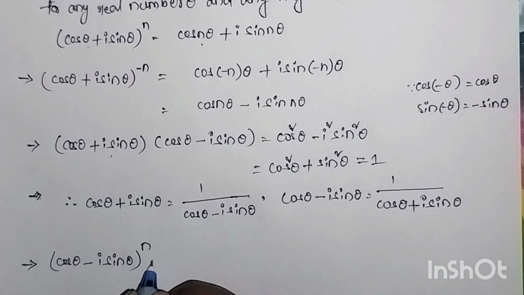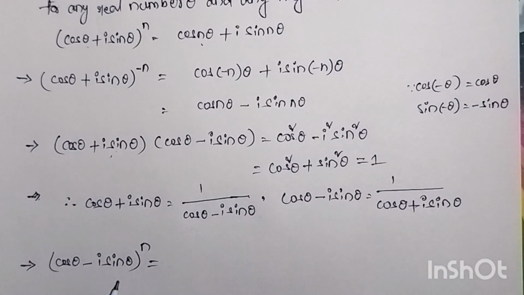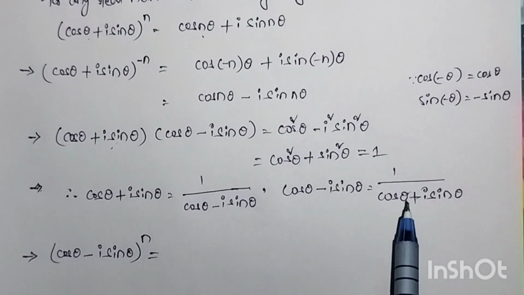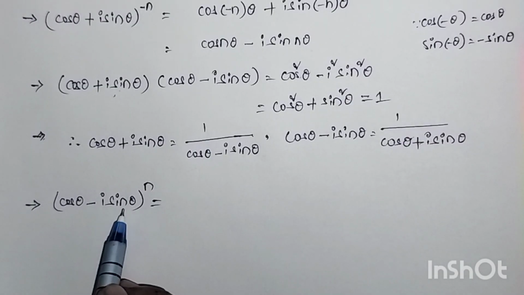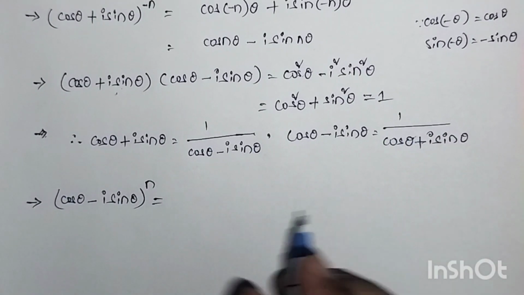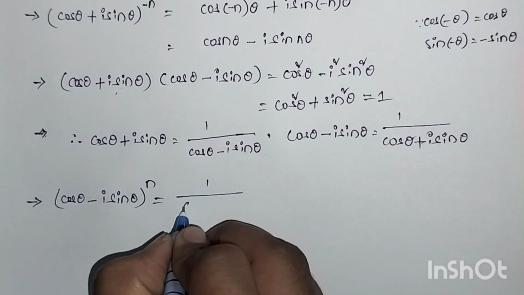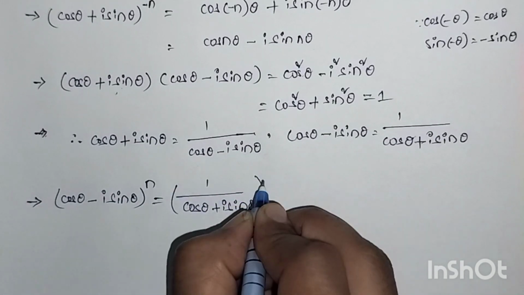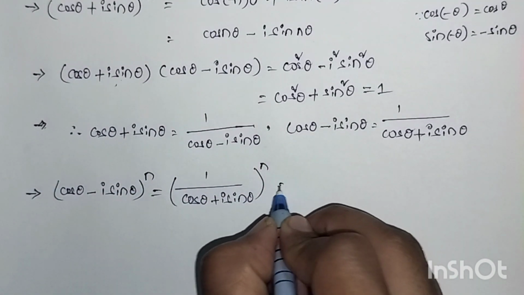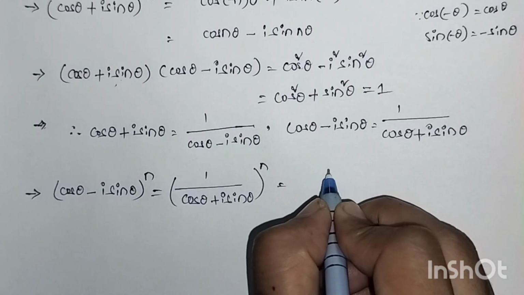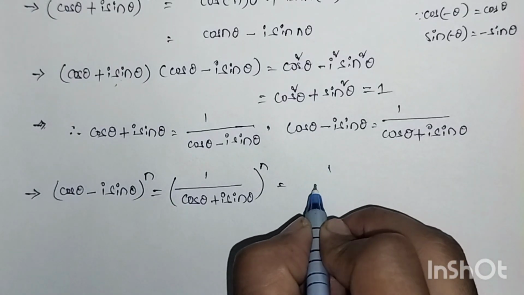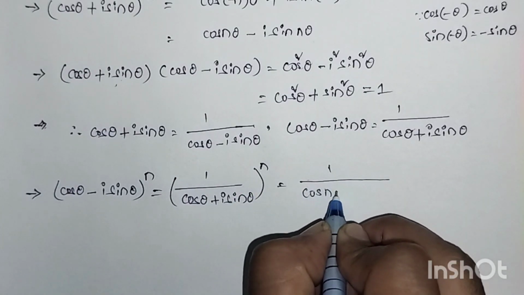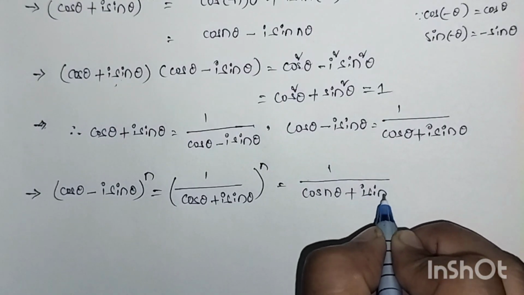We can write cos theta minus i sin theta as 1 by cos theta plus i sin theta, so that is 1 by (cos theta plus i sin theta) whole to the power n, that equals 1 by, applying n, cos n theta plus i sin n theta.